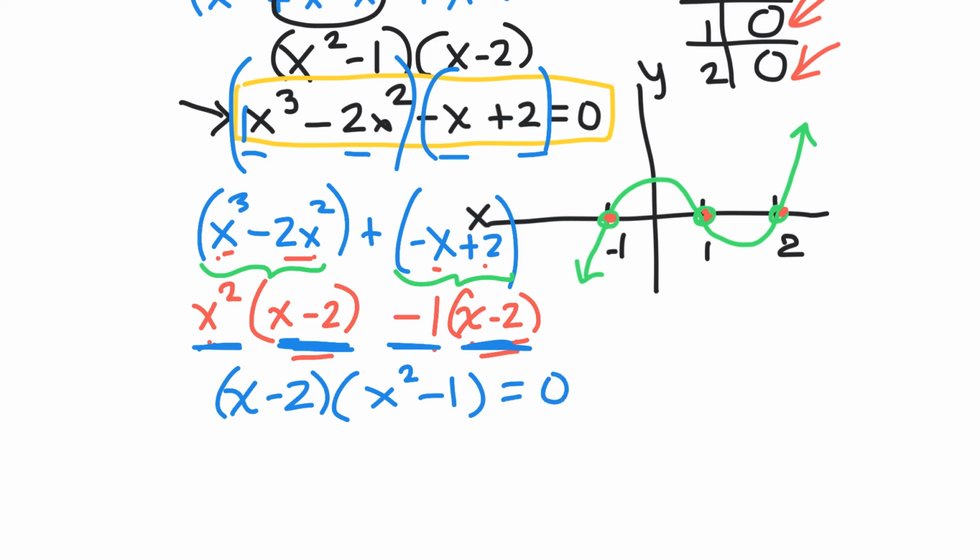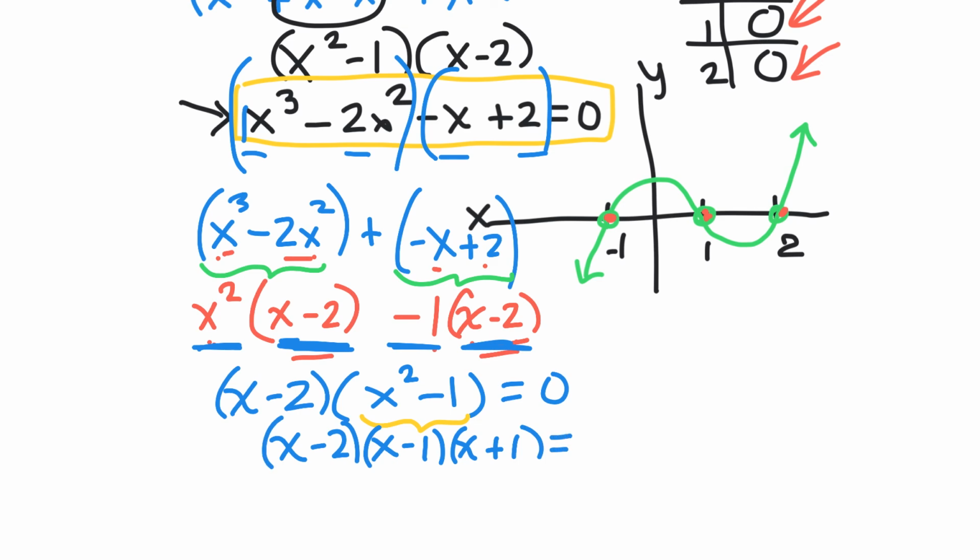Is there anything else that we can do? Well, yes. It looks to me like this right here would be difference of squares. And so I'm going to factor x squared minus 1 as x minus 1 times x plus 1. And I have an x minus 2 there.